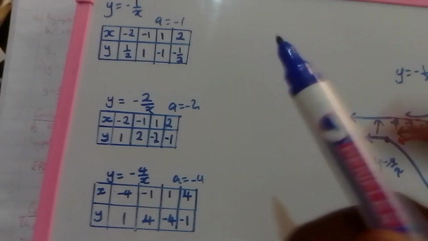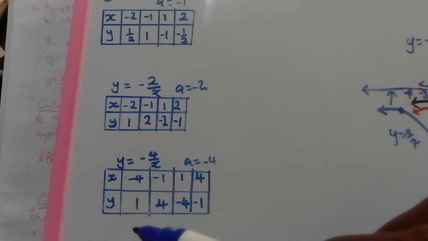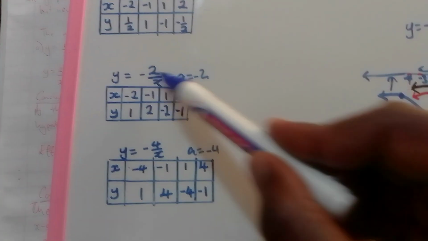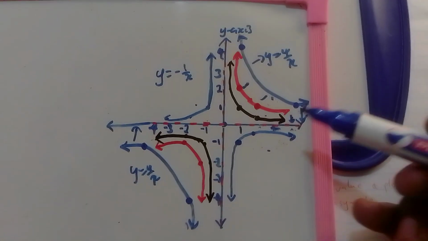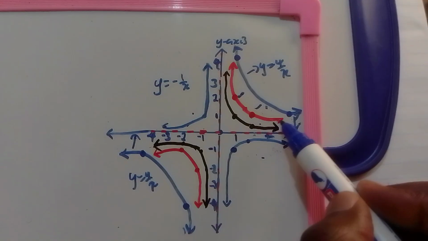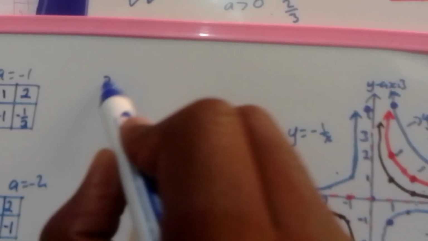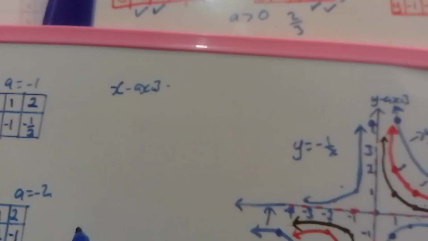So if you can try and plot all of these, you can pause the video, take these values and plot for yourself, and you'll see that this red graph here is going to be also translated. Remember, let me put it this way. From your grade 9, you were taught that when there is a reflection on the x-axis, what happens?